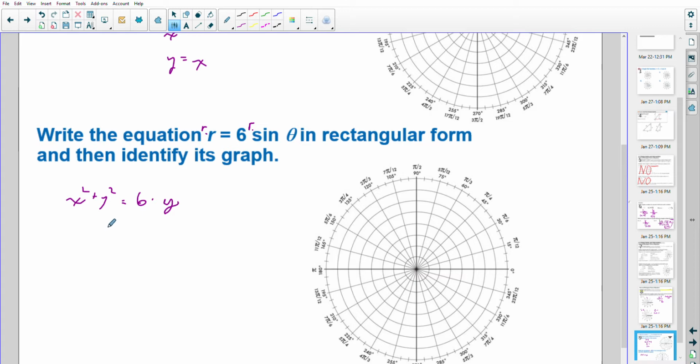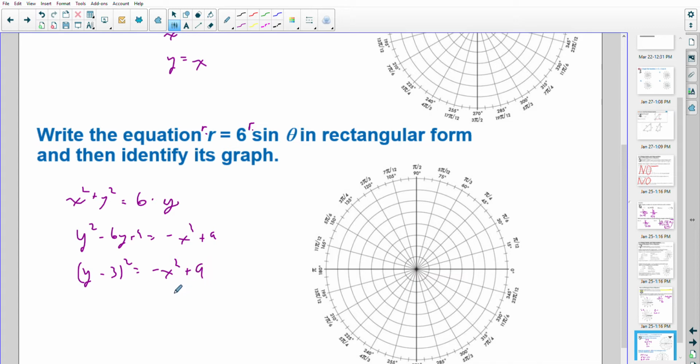You could go ahead and solve for y by completing the square. Let's just do that for fun and see what happens. Y squared minus 6y equals negative x squared, and I want to divide this by 2 and square, so that's plus 9 on both sides, and it's going to be y minus 3 squared equals negative x squared plus 9.